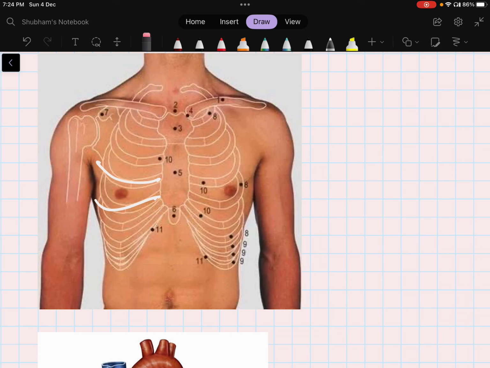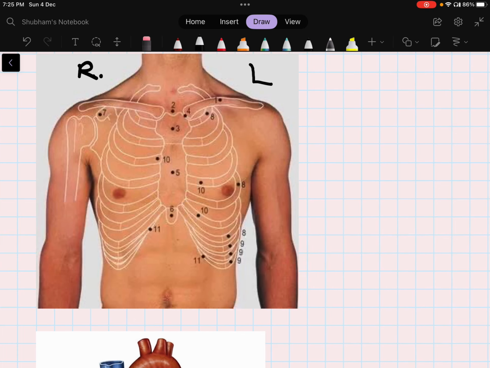When you have a patient, this is how you record the basic outlines of the heart. Always remember the sides of the patient will be opposite to what you have, like a mirror image of you. So this is your left side and this is the right side of the patient. We always analyze from the point of view of the patient, not the operator.